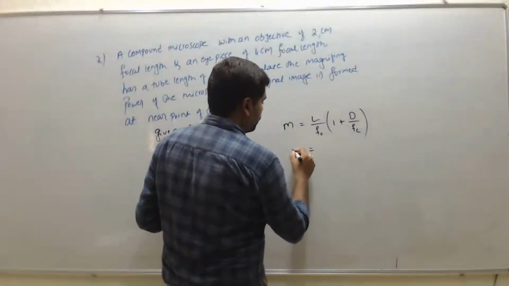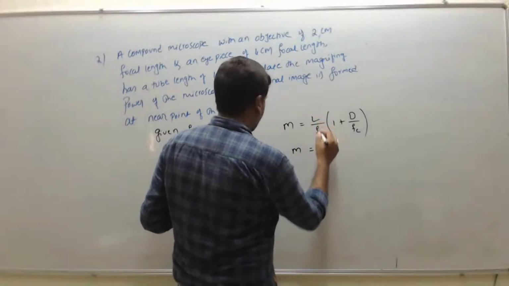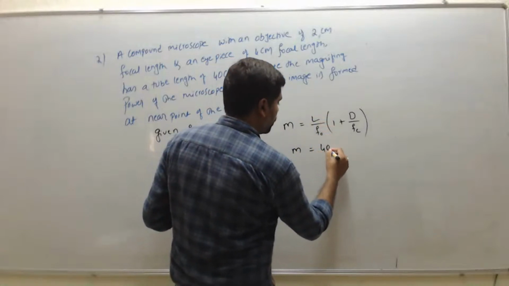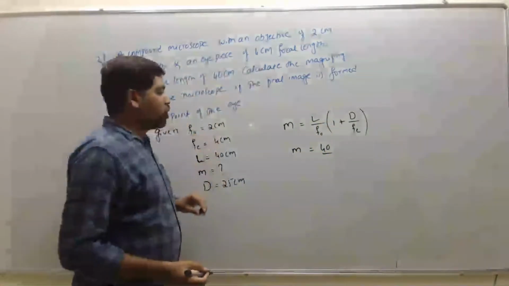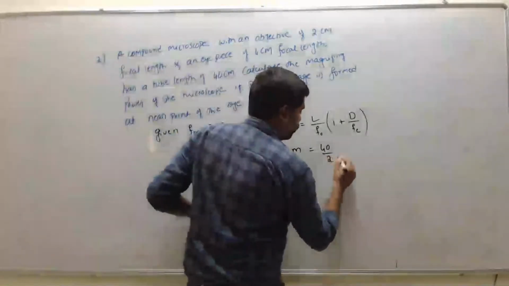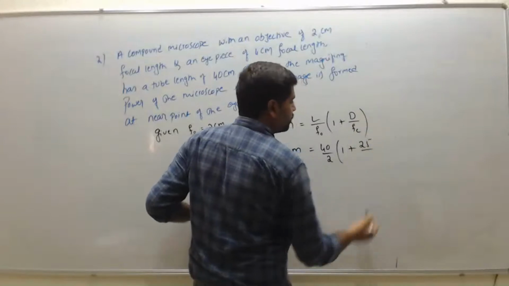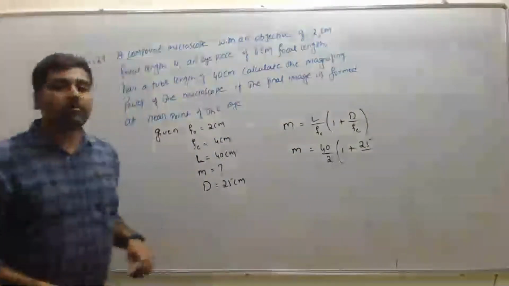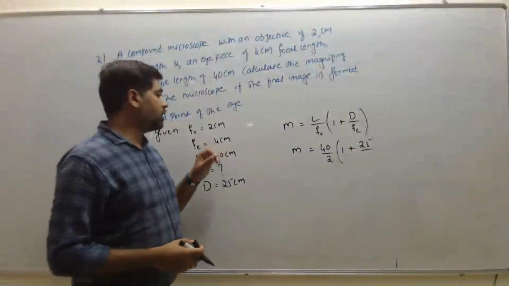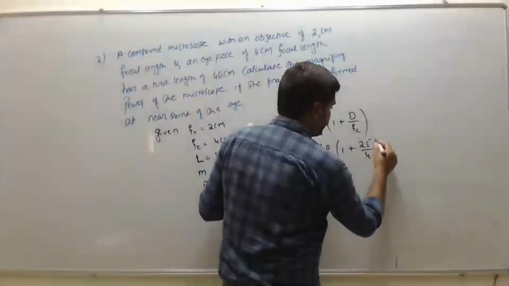Then M is equal to, the value of L is 40, the focal length of the objective is 2, into 1 plus the least distance of distinct vision 25 divided by the focal length of the eyepiece Fe, that is 4.